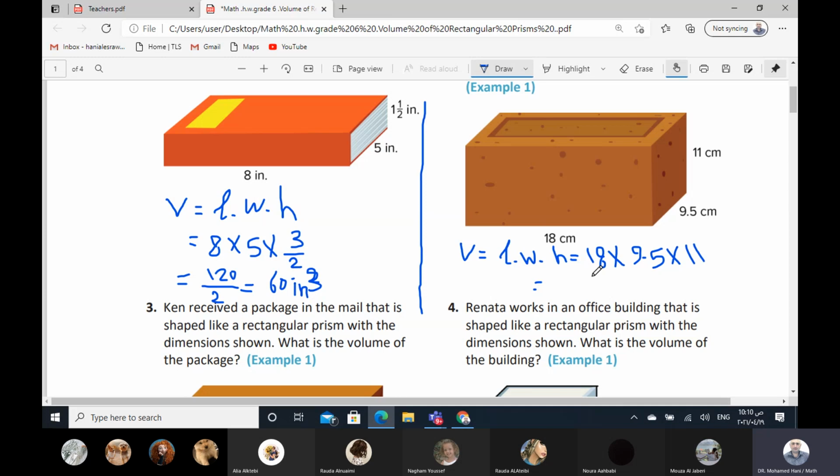Who can help me find the product, please? Find the product and tell me what is your answer.